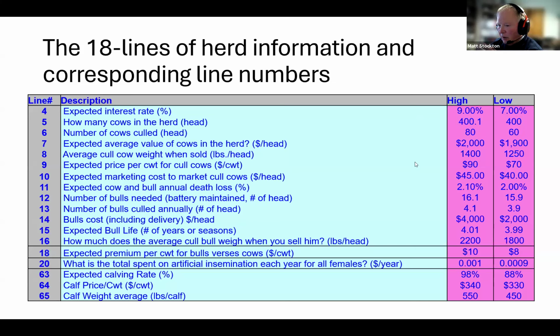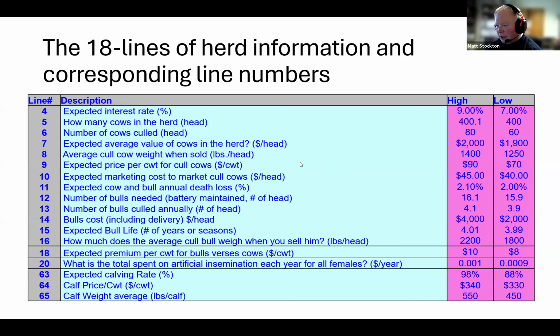And so this is the expected cow value. In other words, what do you think your cows are worth? If you look at your cow herd and average all those values together, what do you think each cow is worth? That's all this is. It's a number that's used for making the depreciation expense, so try to be accurate on that.